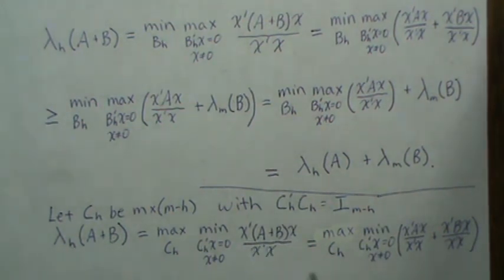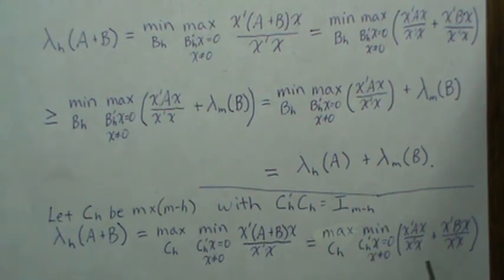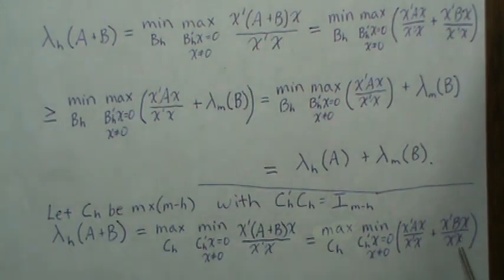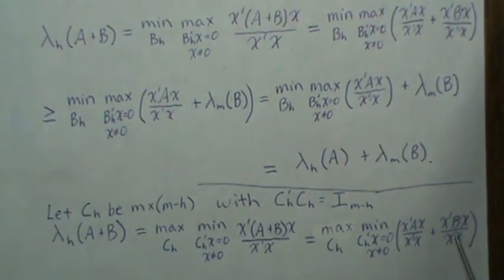Okay, then we can do some linear algebra in here to separate them. And then if we look at this and find the unconstrained maximum, let all x's not equal to 0, then we know that that's the largest eigenvalue of b.